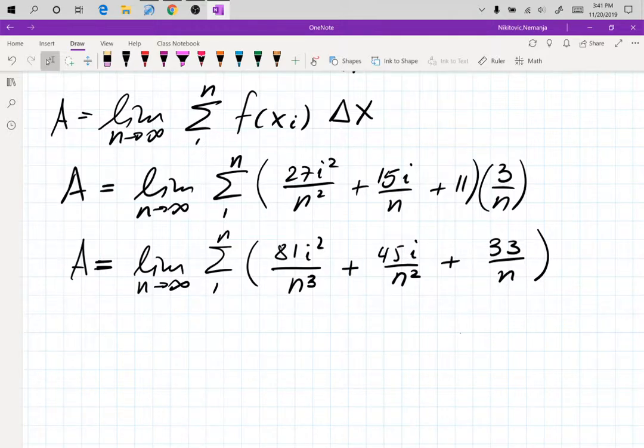And then what do we get to do? Well, now we are going to recall that the variable for the sum is i, not n. n is the variable for the limit. Because you see over here that n goes to infinity, so the variable for the limit is n, and the limit can't care less about i's.